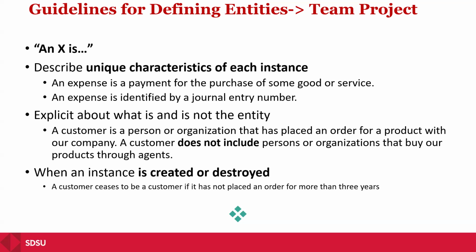In a lot of cases, we need to provide information not only on what an entity is, but also on what an entity is not. For example, here we have: a customer is a person that places an order, but a customer does not include people that buy products from the same company through agents. So we know what a customer is, and we also know what a customer is not.